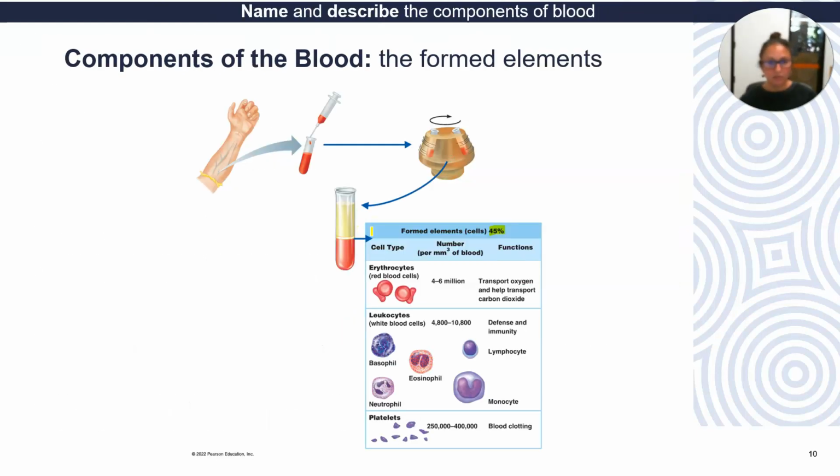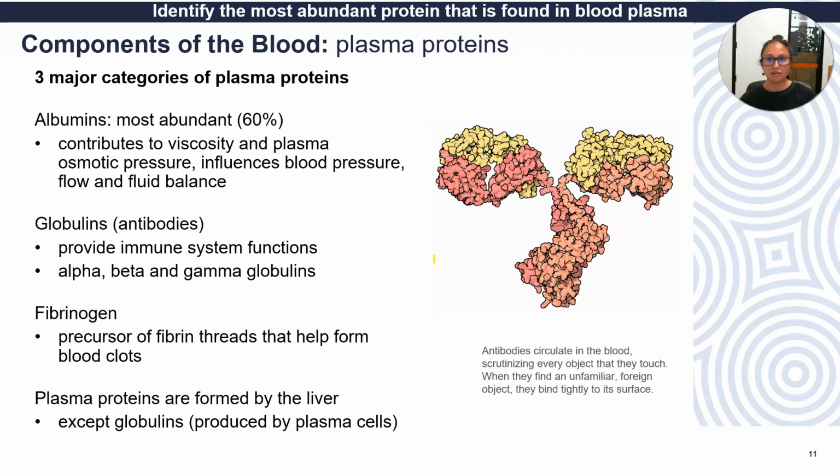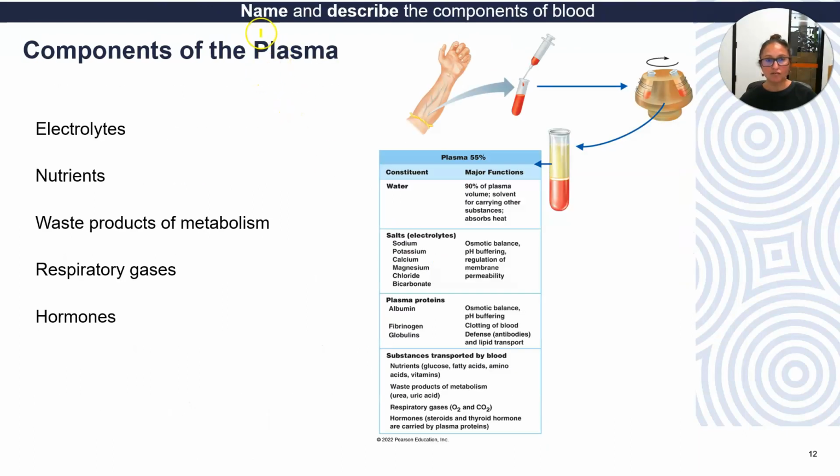So we saw that the blood is made up of formed elements, but it's also made up of plasma. So blood and plasma. What's in the plasma? So plasma makes up 45% of the blood, and in the plasma we have water. So plasma is mostly water.